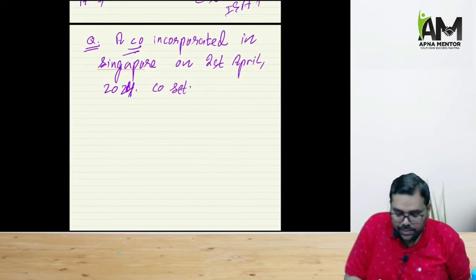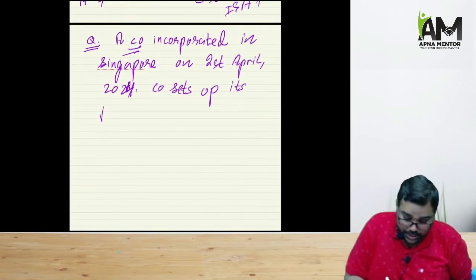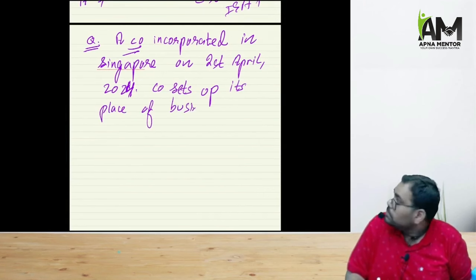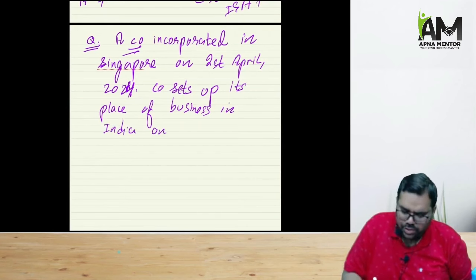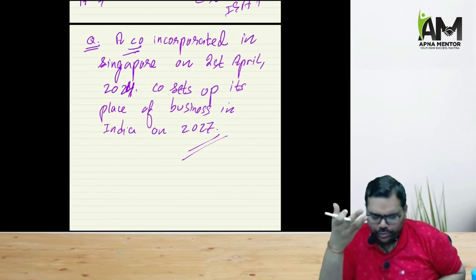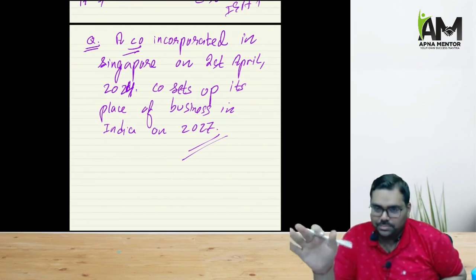Company sets up its place of business in India, let us say in 2027. I'm just taking futuristic examples, assuming that the law will be the same.